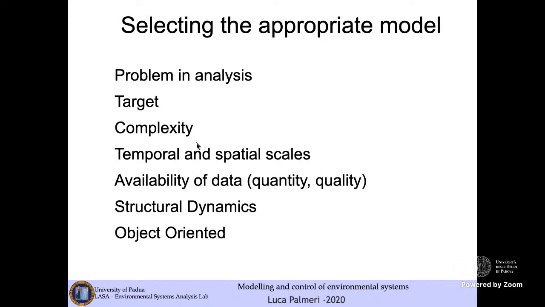And then lately we pose the question: may we employ an object-oriented approach? For those of you that have some knowledge of programming, you know that the great advantage of object-oriented programming is that of dealing with objects whose ability to interact with other objects is already included in the definition of the object through the methods.